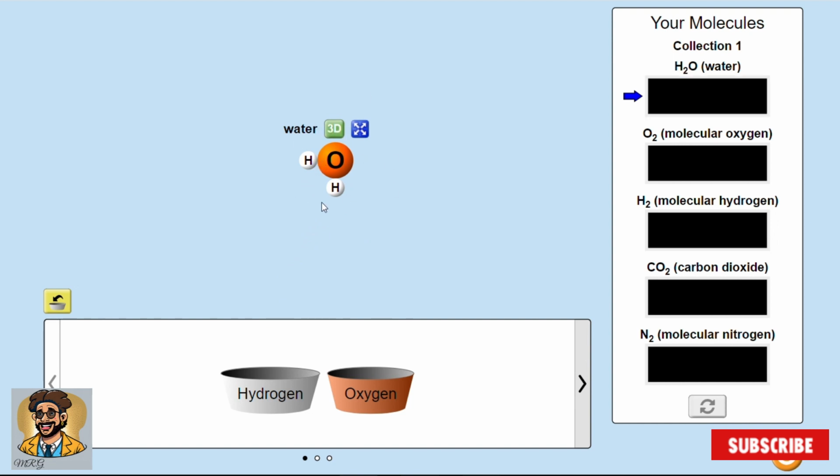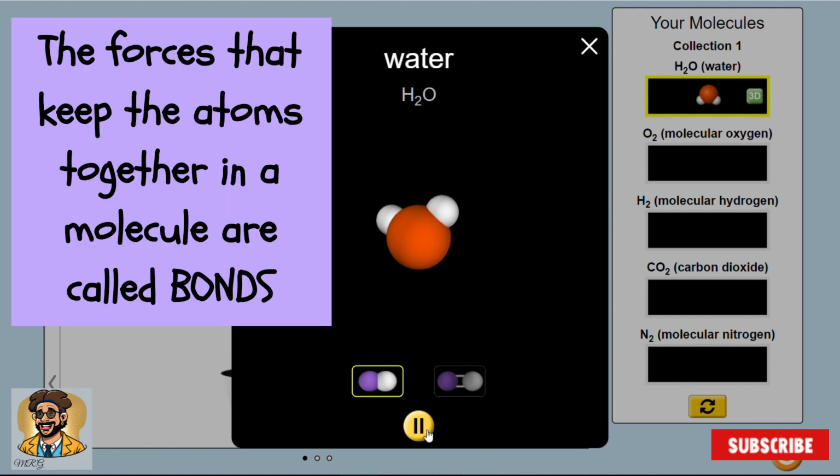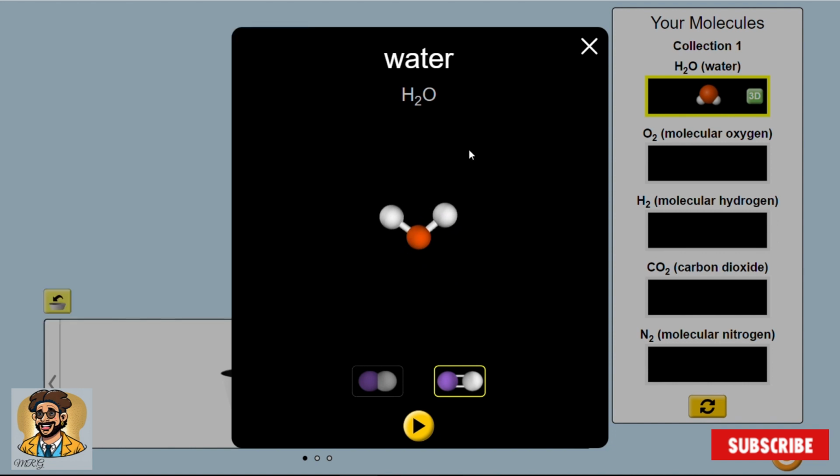So now here we have the molecule of water. We carry on here to action, and that is correct. There is the answer. If we look carefully here, this is how the molecule of water looks. Now remember, there are forces that keep those atoms together in that specific molecule. If we represent the atoms, this is more or less how the molecule of water will look.